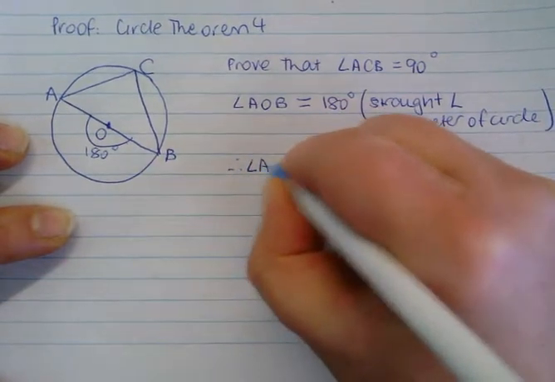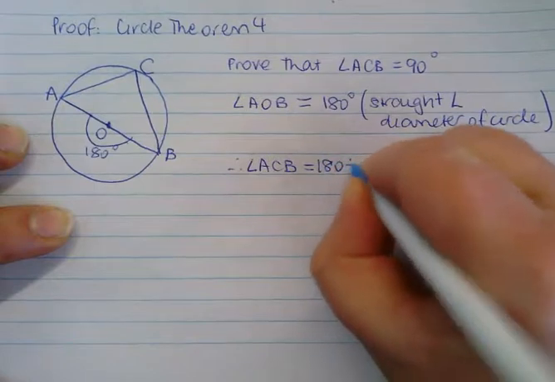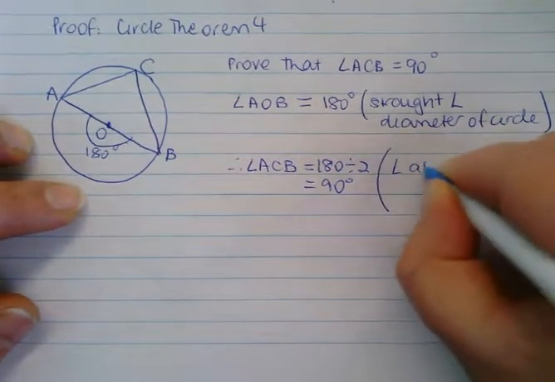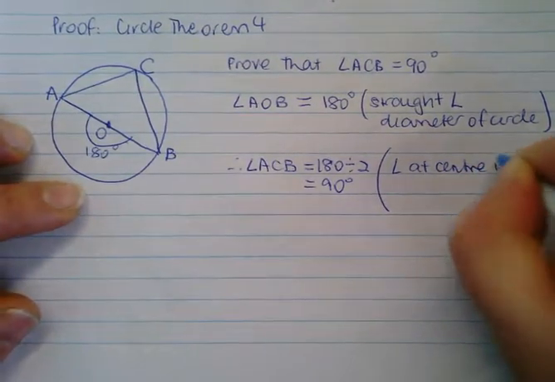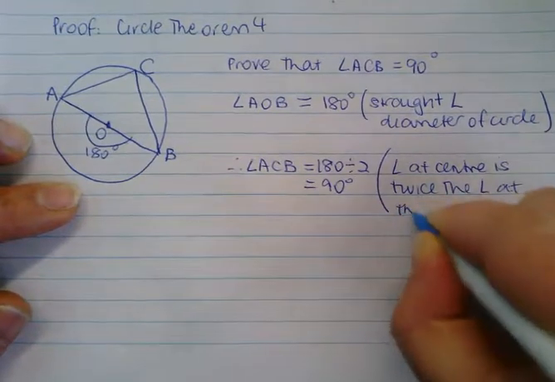Therefore, I can say that angle ACB is 180 divided by 2, which is 90 degrees, because the angle at the center is twice the angle at the circumference.